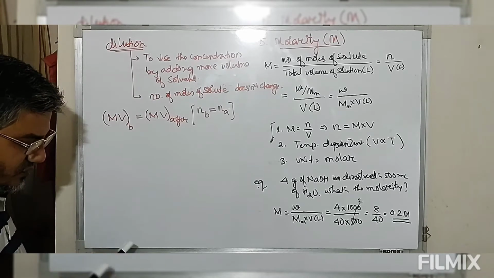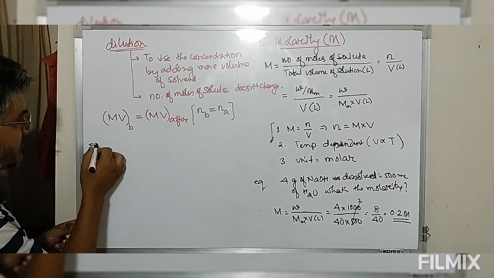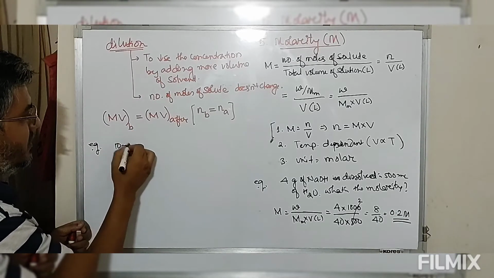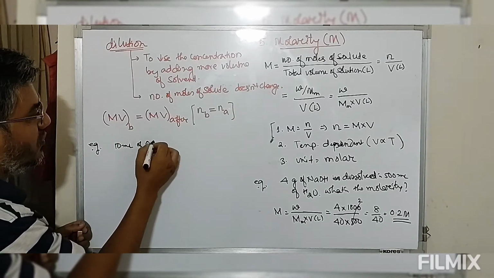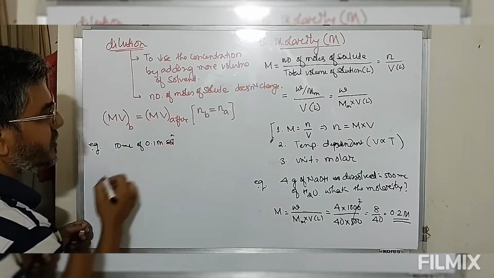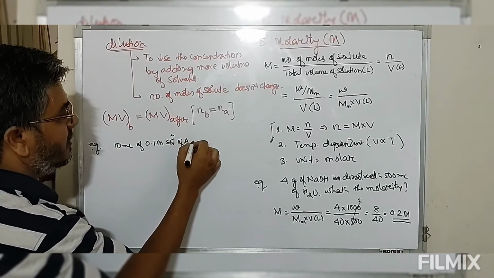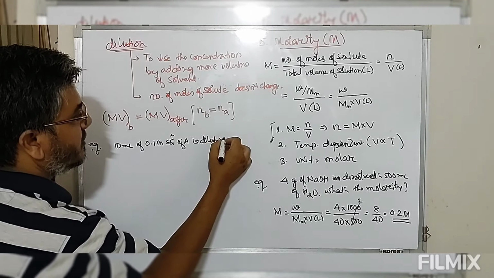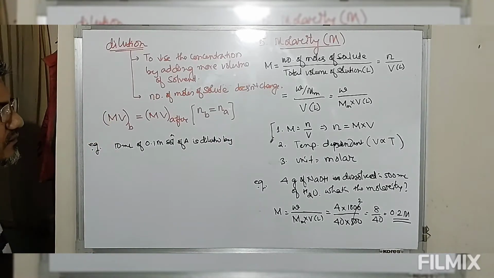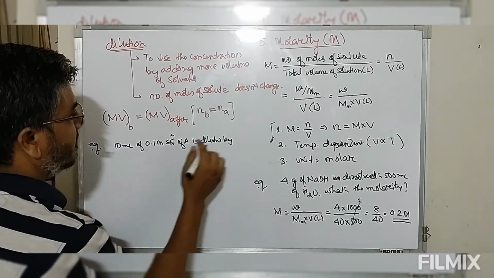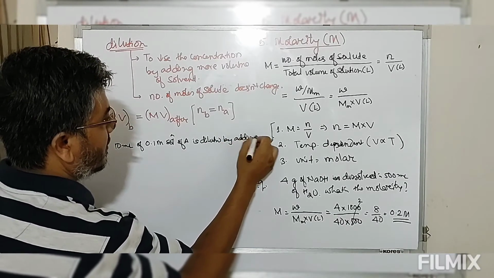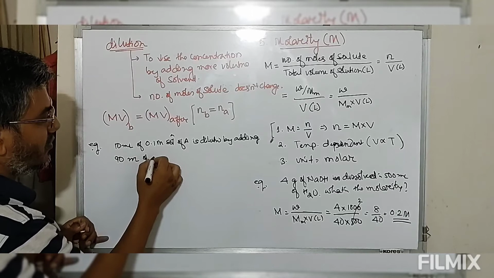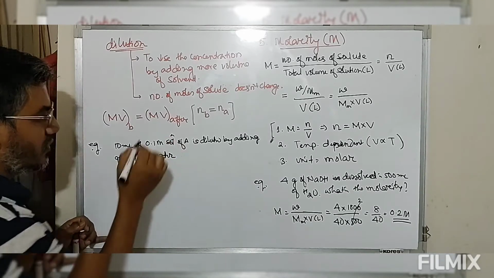Let me explain this by use of an example. 10 ml of 0.1 molar solution of A is diluted by adding 90 ml of water.